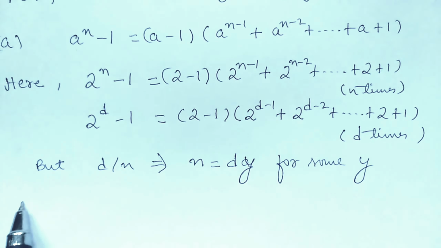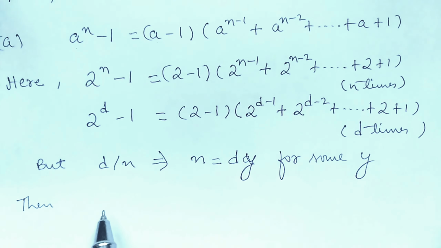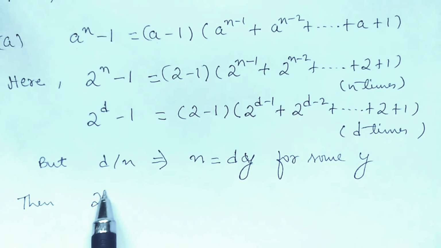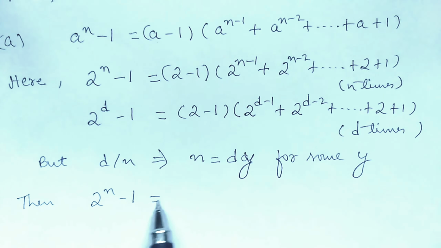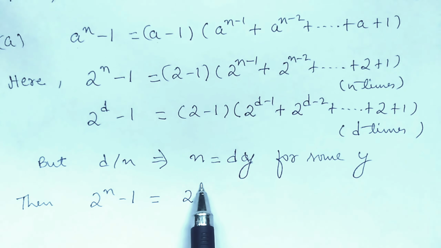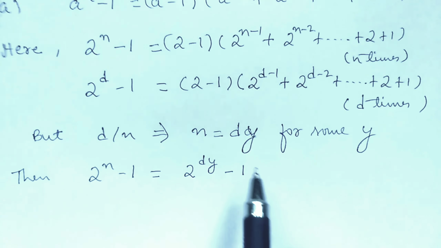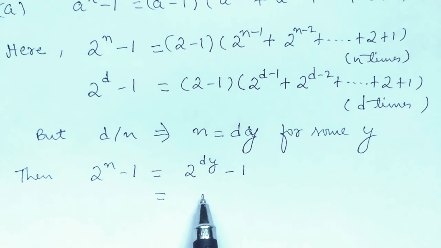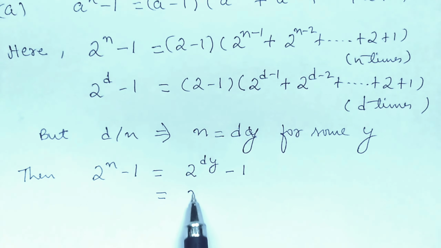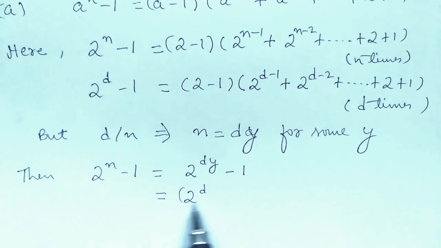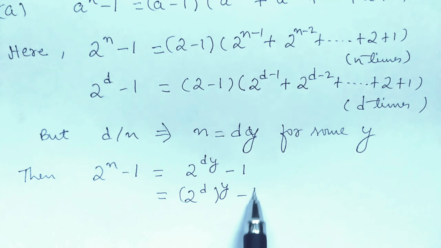Then 2^n minus 1 becomes 2^(dy) minus 1. Okay, and here we have (2^d)^y minus 1.